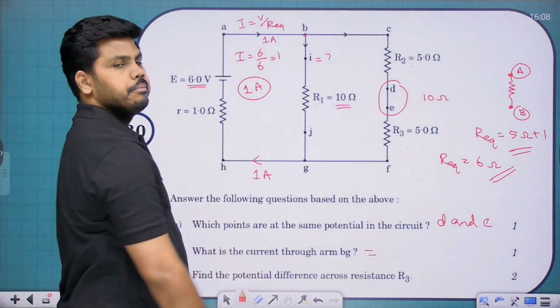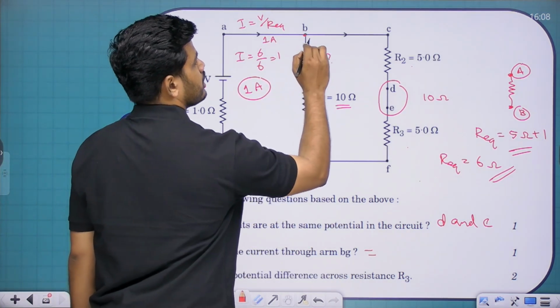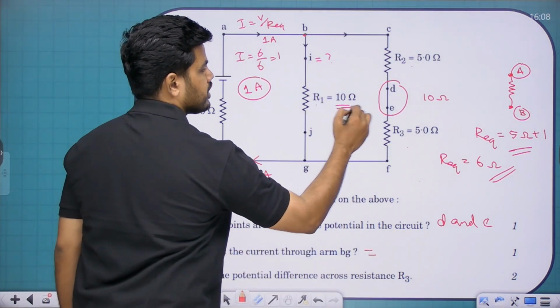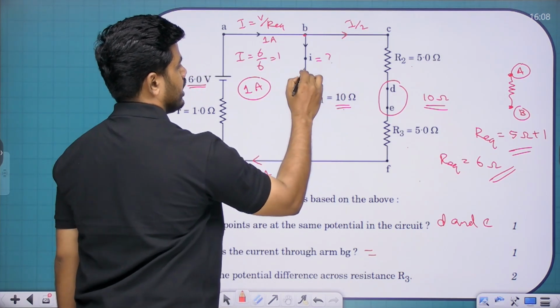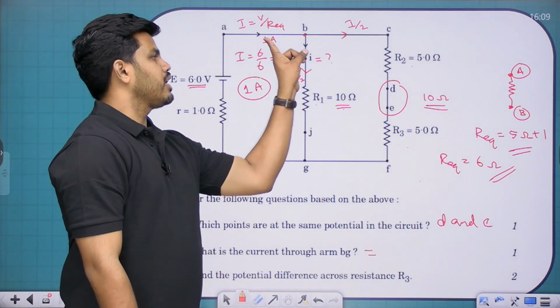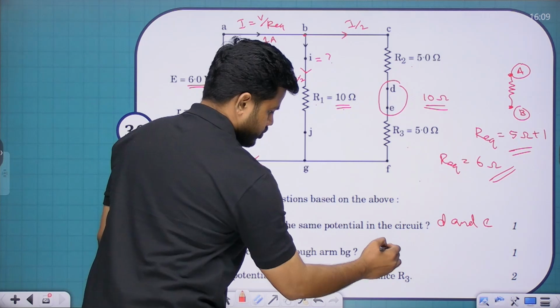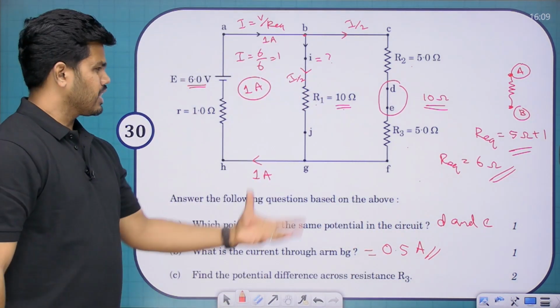But at the point B, it splits into two. One goes through BG and the other goes to the BC branch. Since both of them have 10 ohm resistance each, the current will be divided into equal halves, I by 2 and I by 2. Total current is 1 ampere, so 0.5 along this, 0.5 along the other branch. So the current across BG is 0.5 ampere.